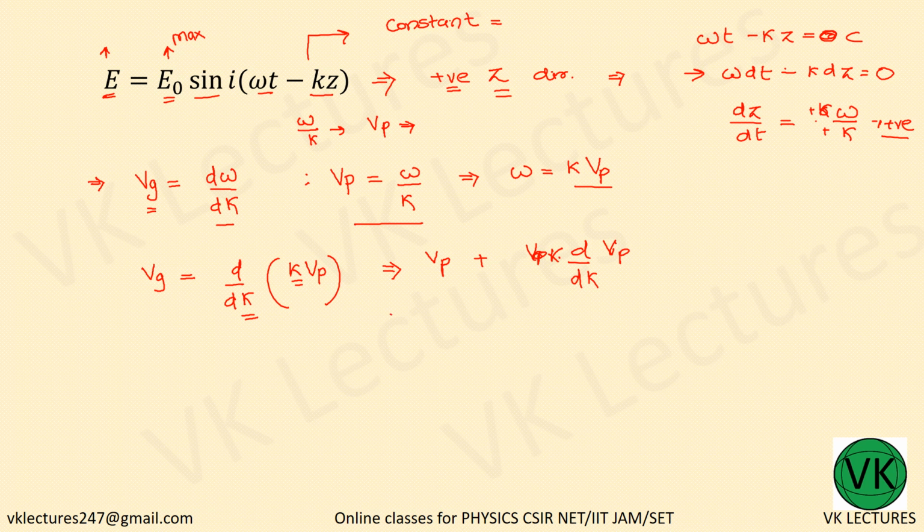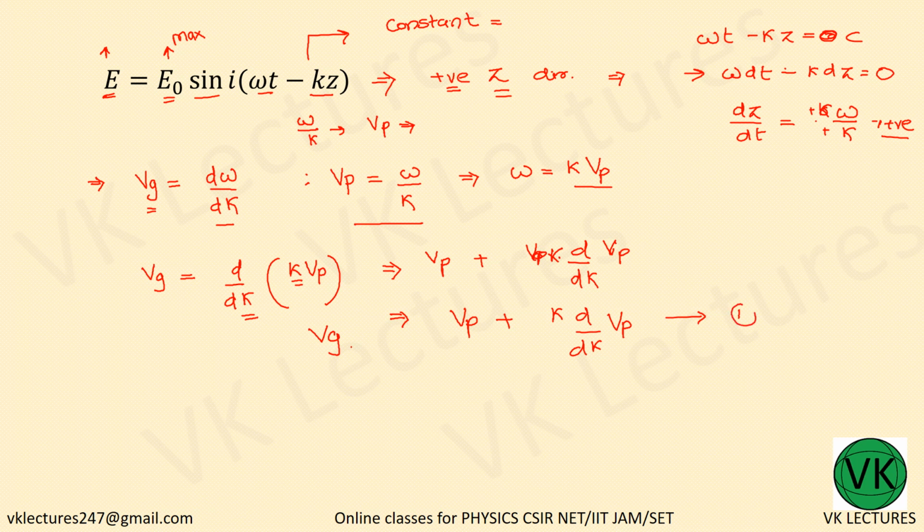Let me write it once again. It is equal to Vp plus k d by dk of Vp. So that is equal to Vg. Now we have another formula here for finding out Vg.